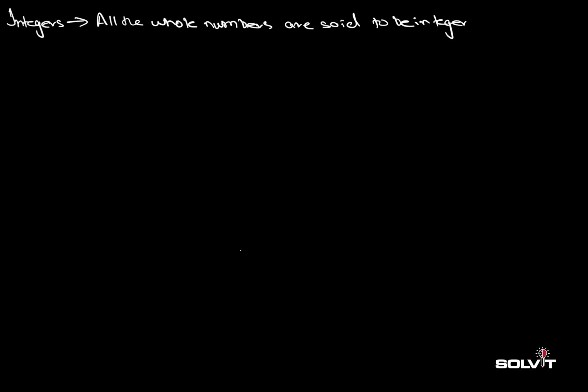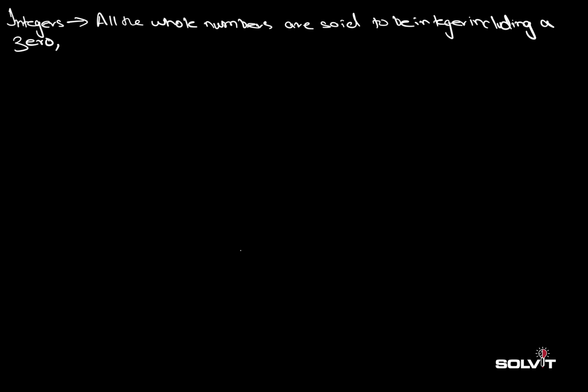The first thing that we're going to cover is the types of numbers. Let's look into what integers are. Integers are all the whole numbers, including 0.